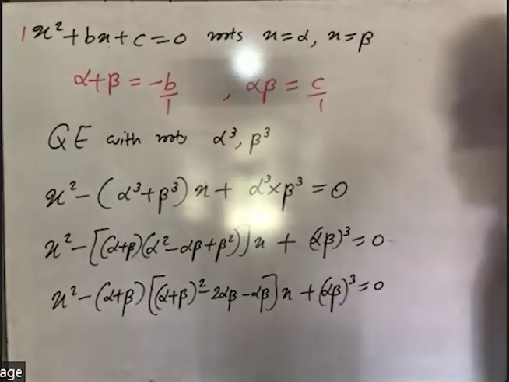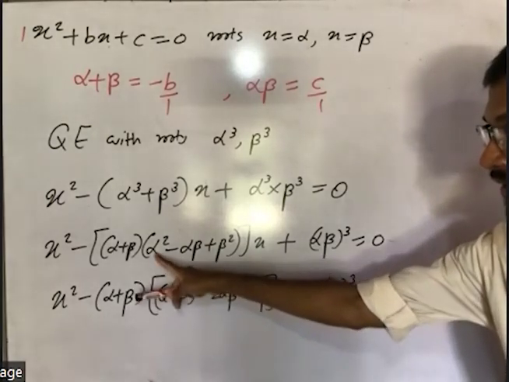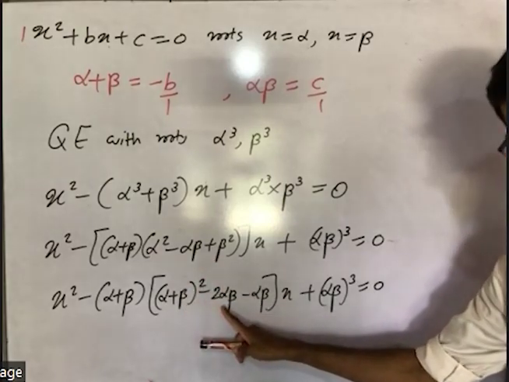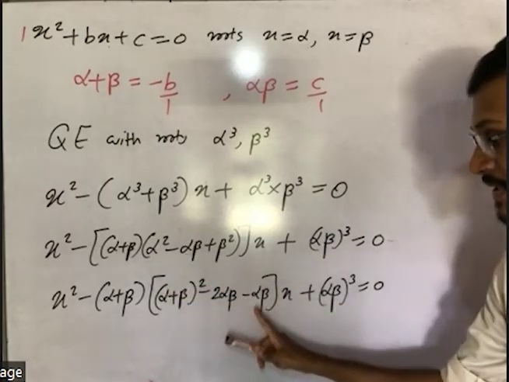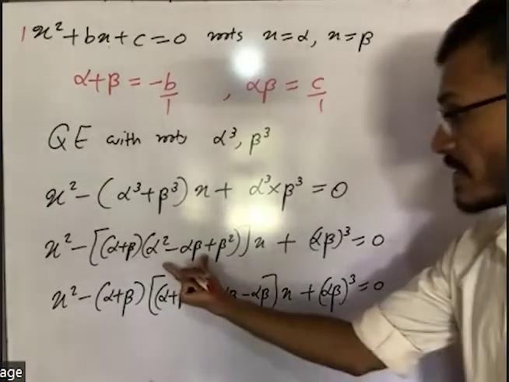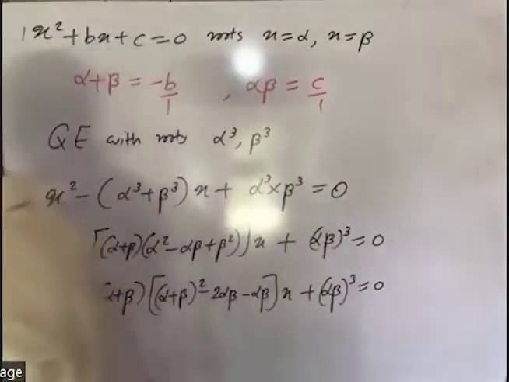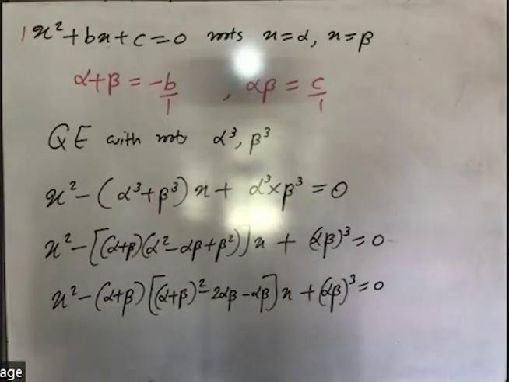Right? So if you expand this, alpha square, we get beta square, plus 2 alpha beta will cancel with minus 2 alpha beta. Then minus alpha beta is here. So this is same as this one, right? Same as this one.